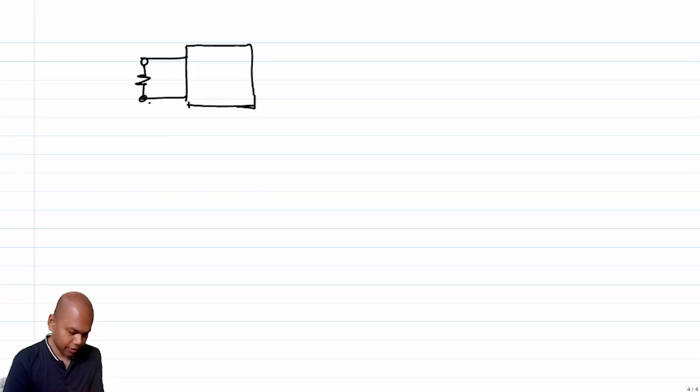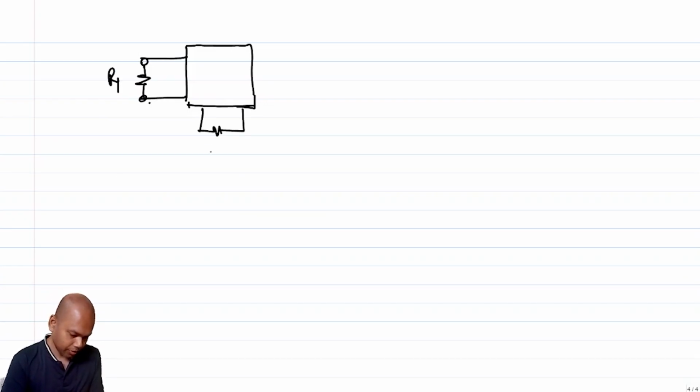So the next thing that we'll focus on is what happens if you have more than one resistor in a circuit, that is, if you have more than one noise producing element in a network. Let's say you have a network which has one port across which you have a resistor connected, and another port across which you have another resistor connected.